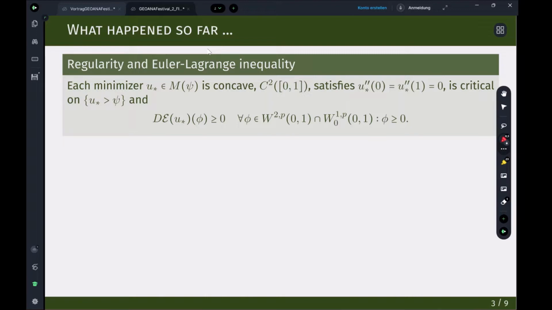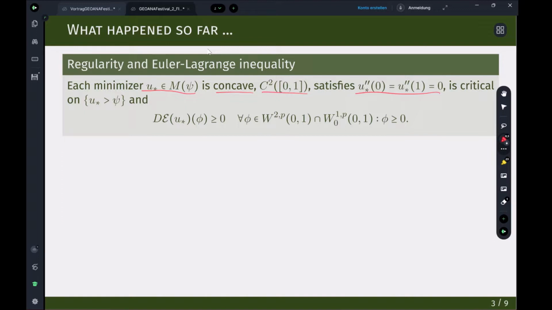First of all, one should say each minimizer is concave, each minimizer is C2, and the second derivative vanishes at the boundary, which is equivalent to saying that the curvature vanishes at the boundary, since the obstacle is not present there, and therefore the minimizer doesn't want to curve unnecessarily at those points.